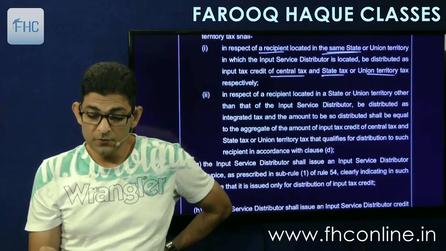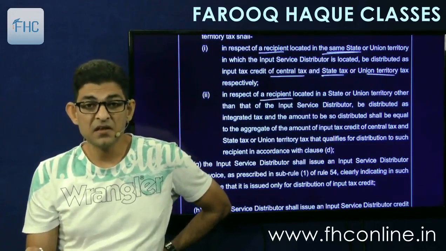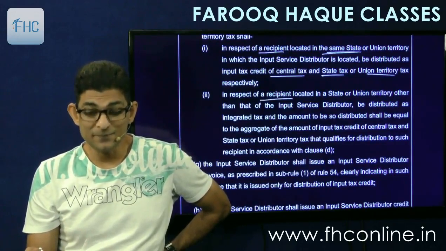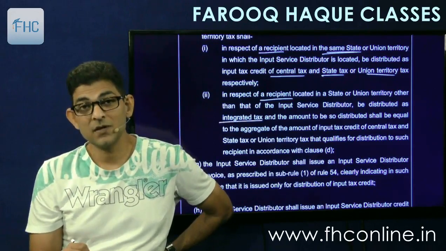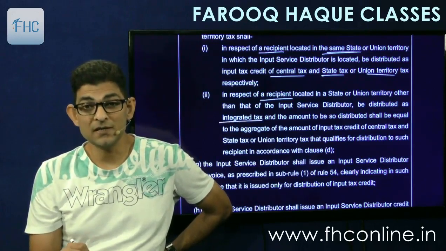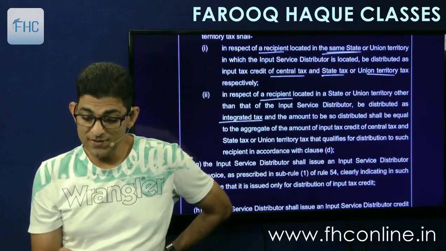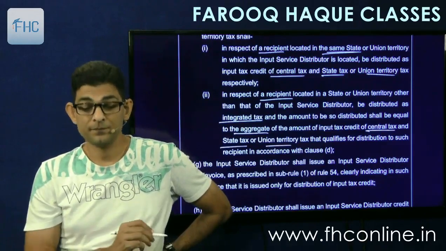Second, in respect of a recipient located in a state or union territory other than the input service distributor, means both of them are in different states, then be distributed as integrated tax. It will be converted into integrated tax, and the amount to be so distributed shall be equal to the aggregate of the input tax of central and state or union territory.